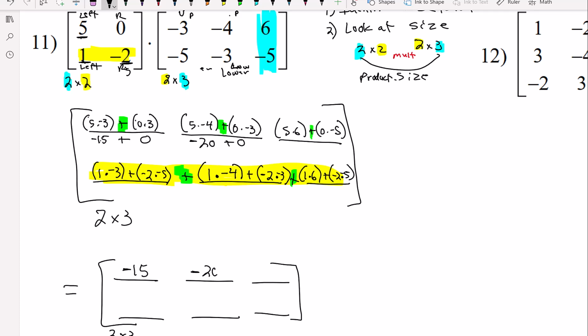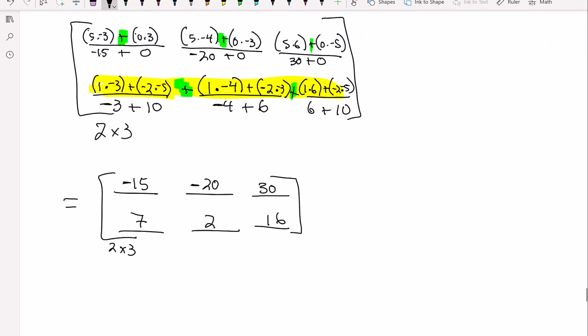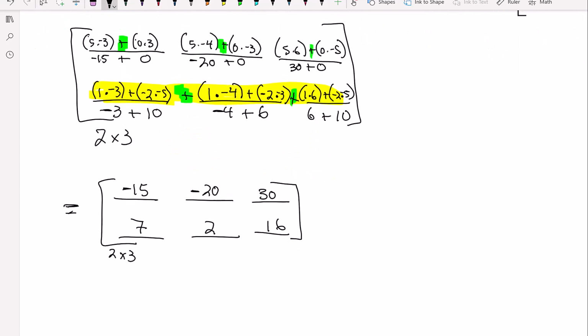So -20. And then 30 plus 0. Then we're going to move to the bottom here. That's -3 plus +10. So that's 7. And then -4 plus +6. So that's +2. And then 6 plus 10, which is 16. Ta-da! So this is the product.